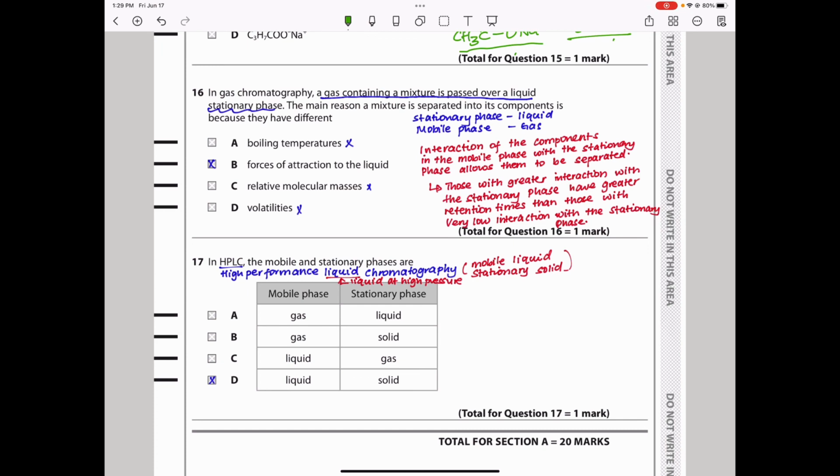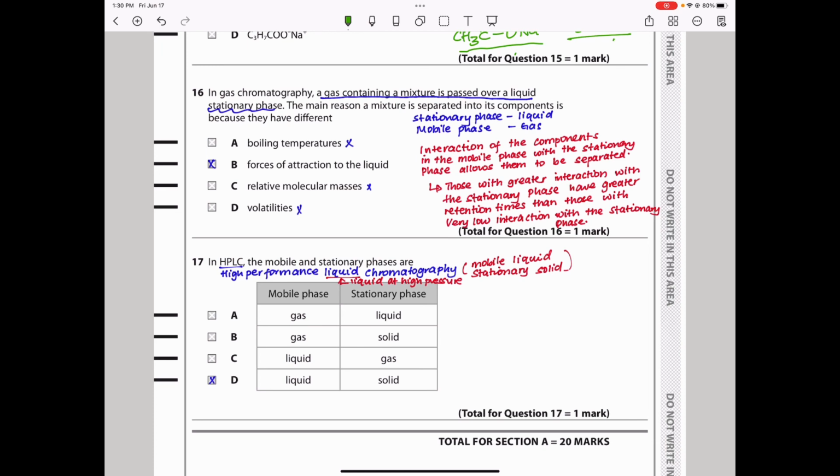So the stationary phase is a liquid. And they ask, the main reason a mixture is separated into its components is because of the different interactions. The components being separated are going to interact with both the mobile phase and the stationary phase. The interaction with the stationary phase allows the components to be separated so that the mobile phase carries different components at a time, so their retention times are going to vary depending on their interaction with the stationary phase.